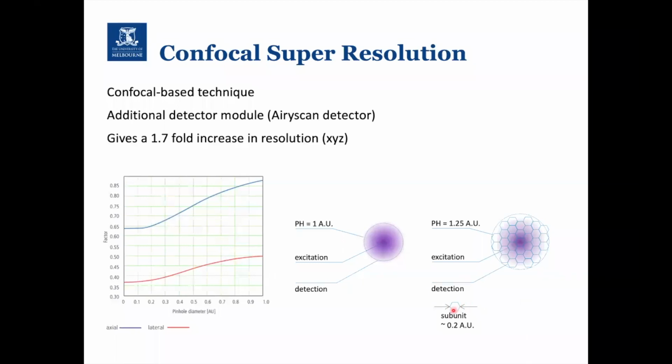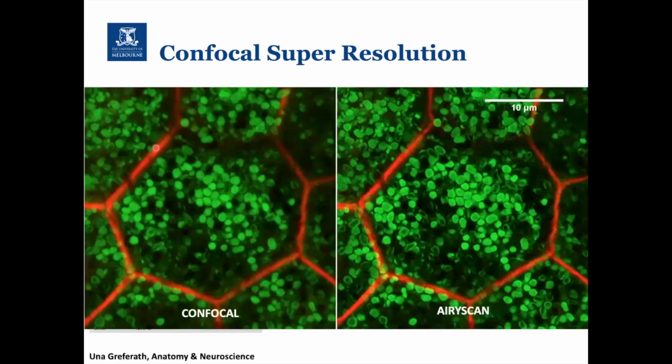That means each subunit detector has an effective size of 0.2 of an Airy unit, which essentially gives you that increased resolution. With a bit of clever mathematics, we can put this back together, and that will give us a 1.7 to 2-fold increase in resolution in all 3 directions. So this is an example of the same field of view imaged in confocal mode versus ARIScan mode.